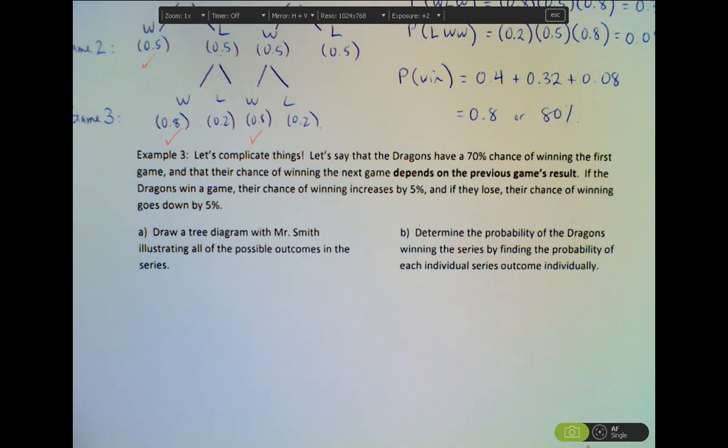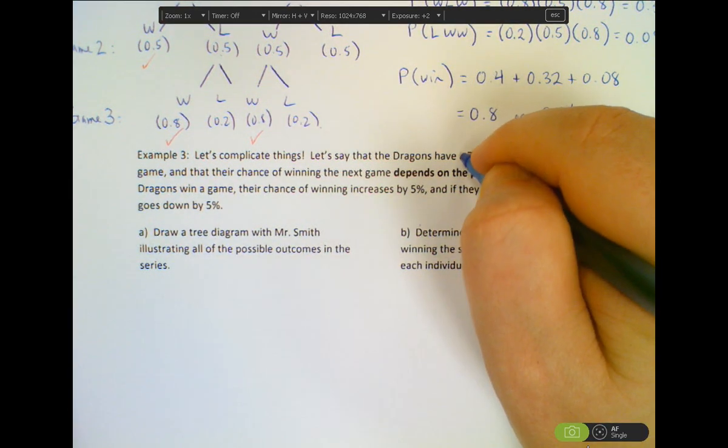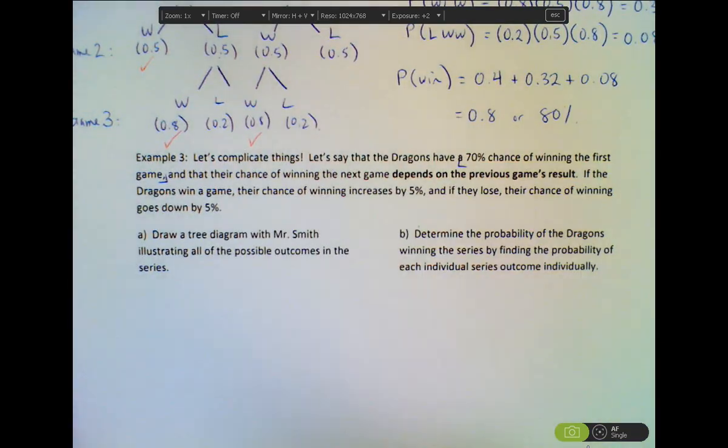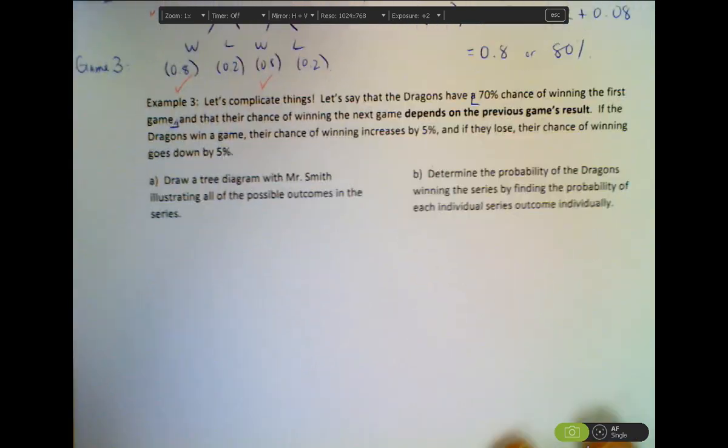So in this question, we're going to do this. We're going to say that they have a 70% chance of winning their first game. So we're still going to do a best of 3. But then we'll say if they win, their chance of winning the next game increases by 5%. If they lose, it decreases by 5%. So trying to add another layer of realism to this question.